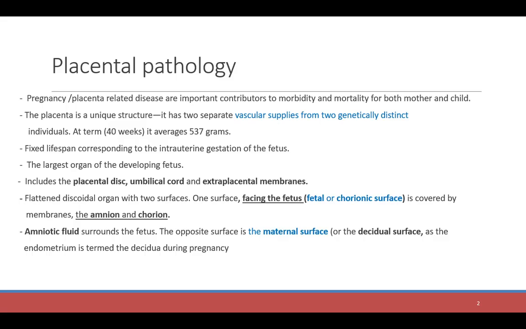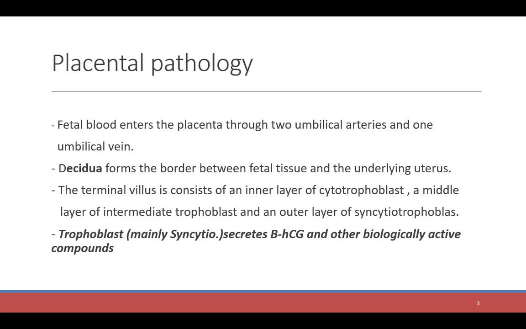Remember, the maternal surface is the one facing the uterus, which is composed of the decidua. That's why we call it the decidual surface. So we have the chorionic surface and the maternal decidual surface. Blood supply to the placenta is through two umbilical arteries and one umbilical vein.